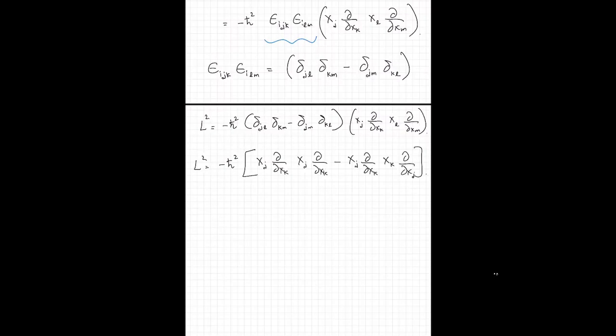Okay. And when all is said and done, it turns out that you can write this L square operator as minus h bar square, and I'll write this in blue because I've not proved it, r square del square minus r ddr of r square ddr.